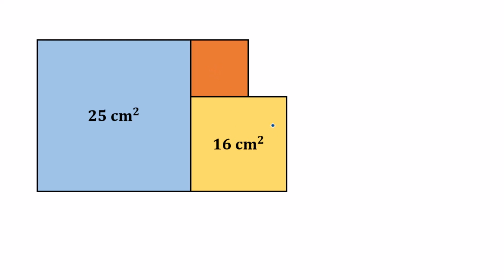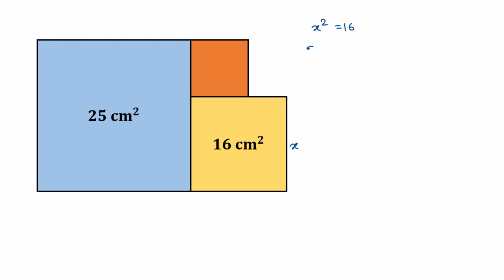Consider the side length of this yellow square is x. So the area of this yellow square will be x square units, and we have given its area is 16, so we can write it as x square equals 16.